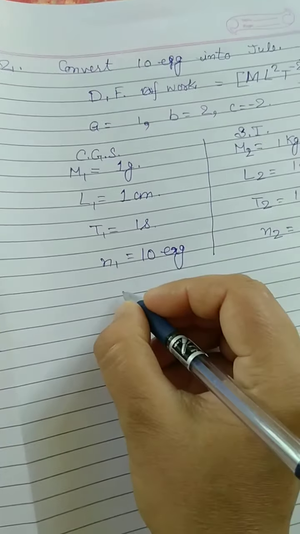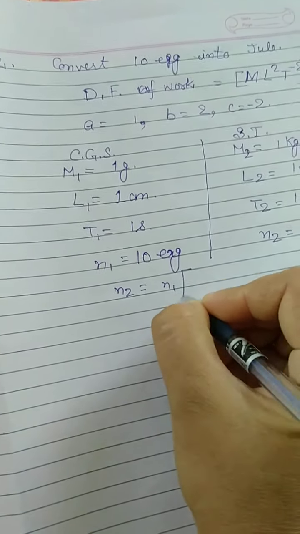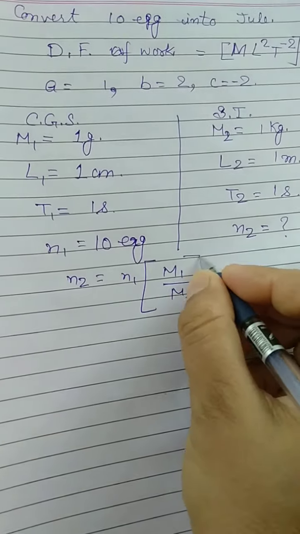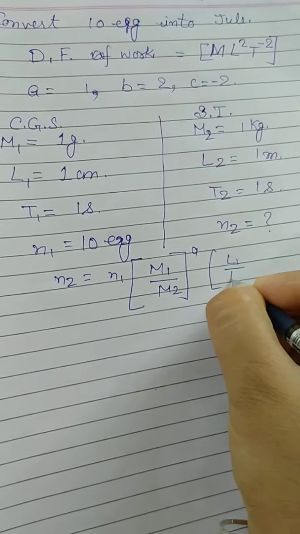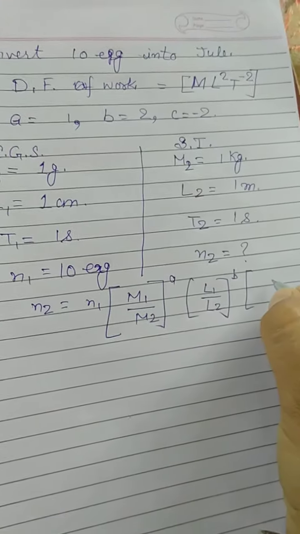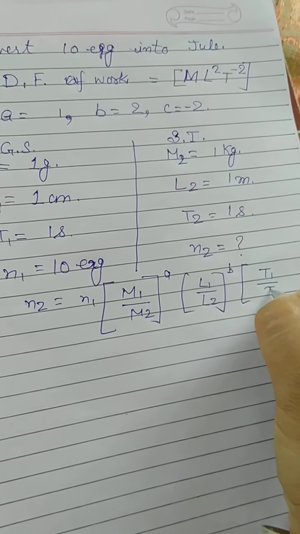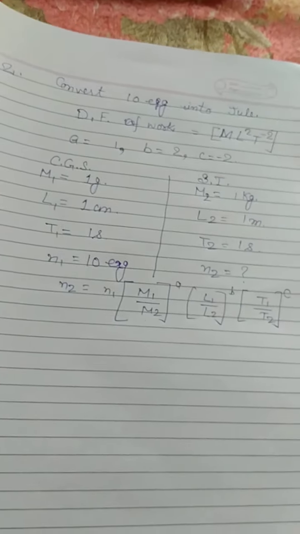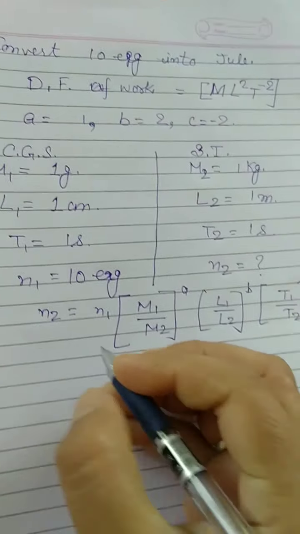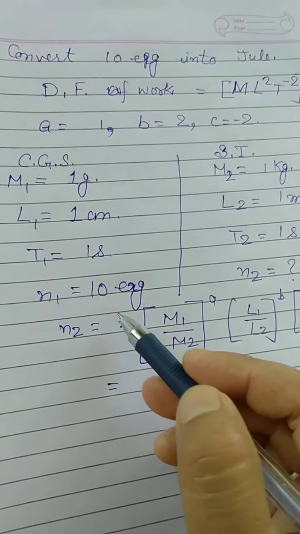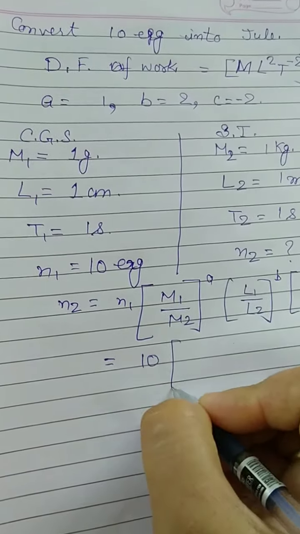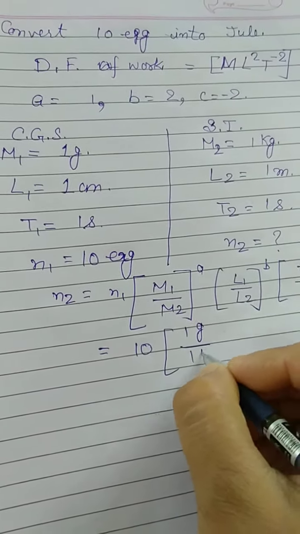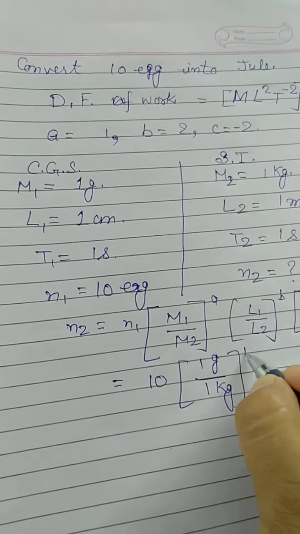So we will use N2 is equal to N1 into M1 by M2 power a, L1 by L2 power b, and T1 by T2 power c. Clear? Now use all the values one by one. First, the value of N1 is 10, the value of M1 is 1 gram and the value of M2 is 1 kg. The value of a is 1.